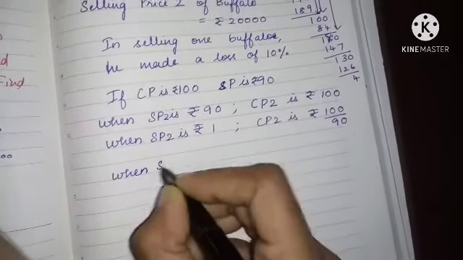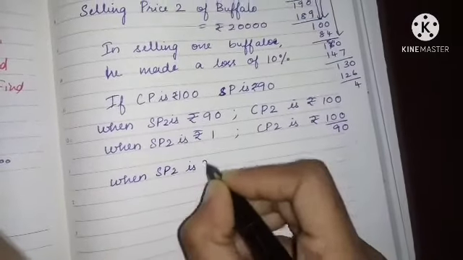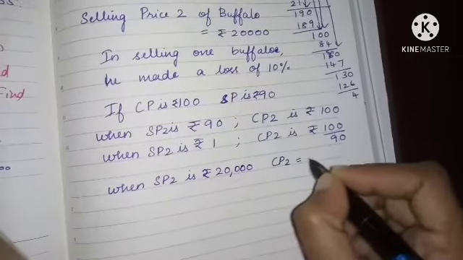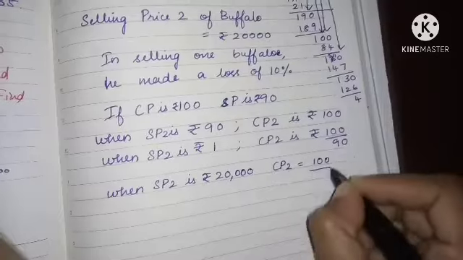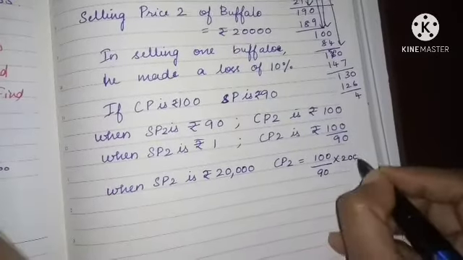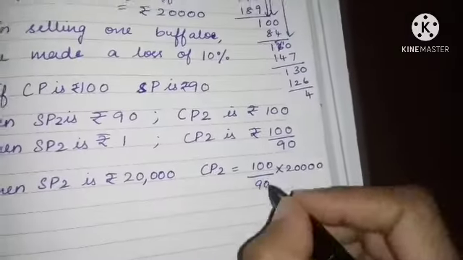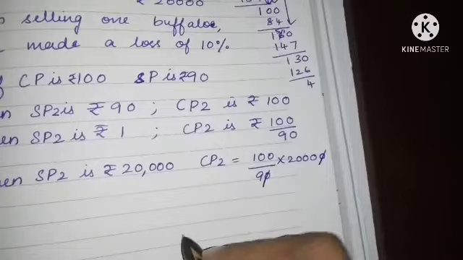So when selling price number 2 is 20,000 rupees, cost price number 2 is 100 by 90 into 20,000. Yes, because 20,000 is your selling price. Zeros cancel.